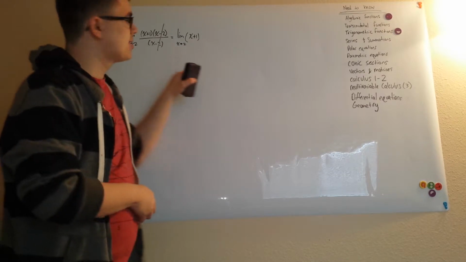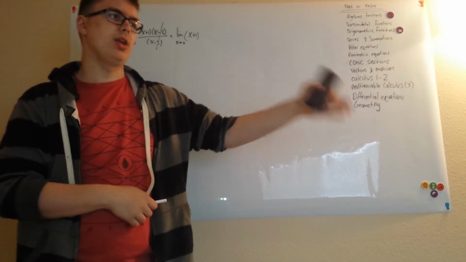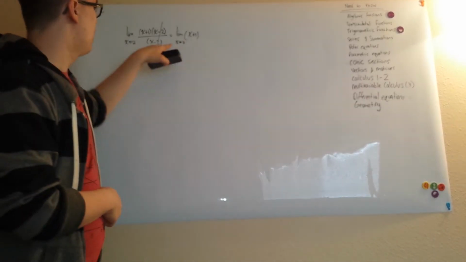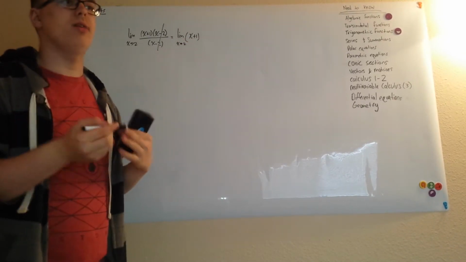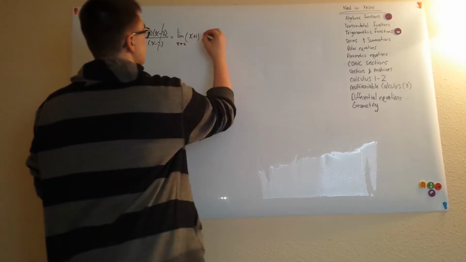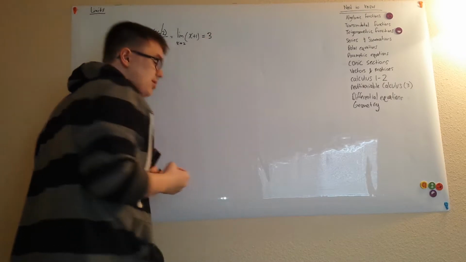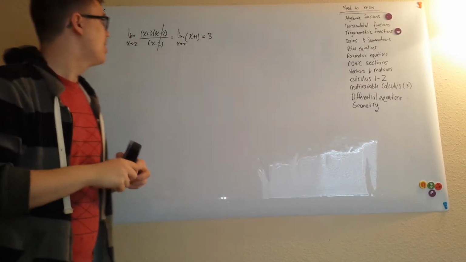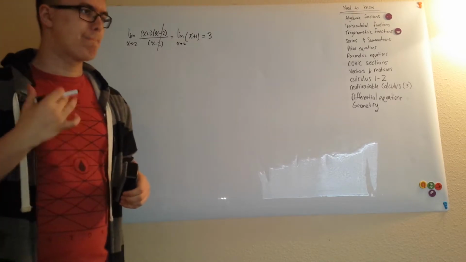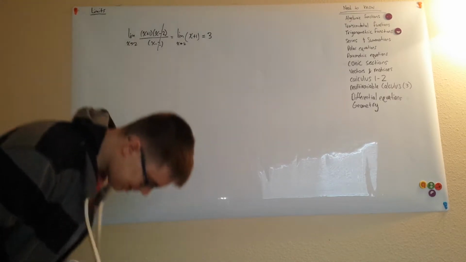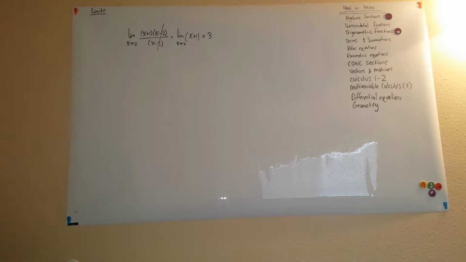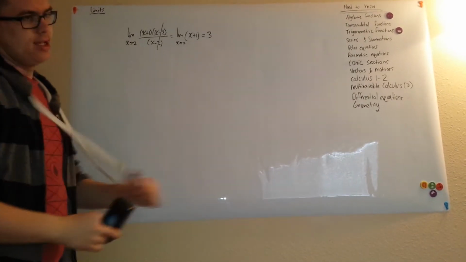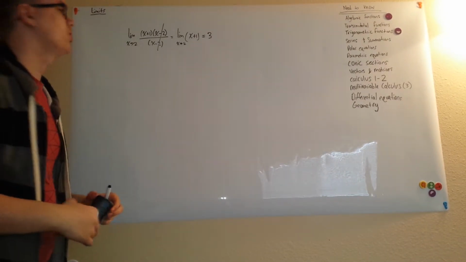What you're removing is the ability to plug in 2 and get something undefined. Now if you plug in 2, you actually get a number. And the number we get is 3. And this is the way we kind of remove that hole and fill it in with something else. That's the easiest thing to get, is to cancel out what's causing the issue.